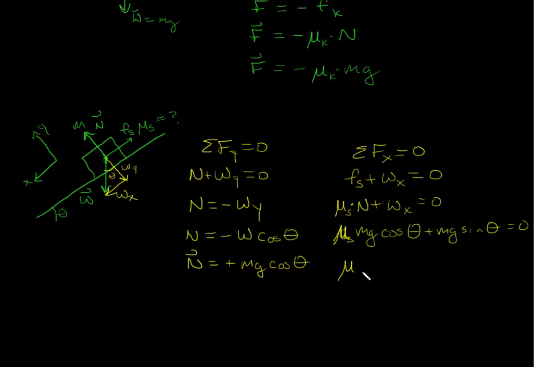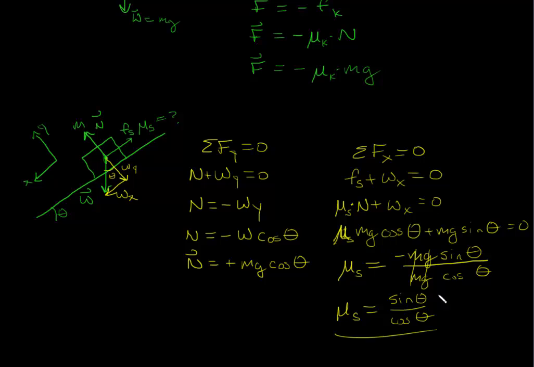So we get the coefficient of static friction is going to be negative mg sine theta divided by mg cosine theta. But again, g here is negative, so we'll make that positive. And actually all of this cancels. So we just get sine theta over cosine theta. And that would be our coefficient of static friction.